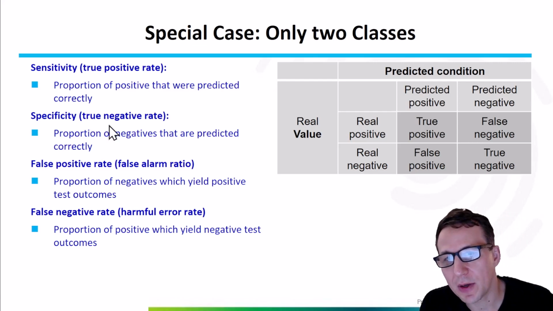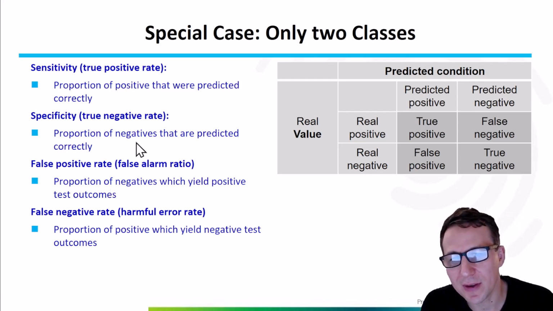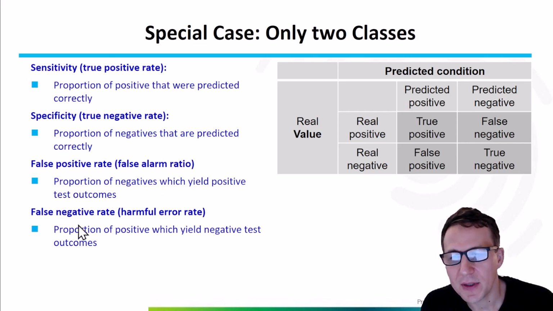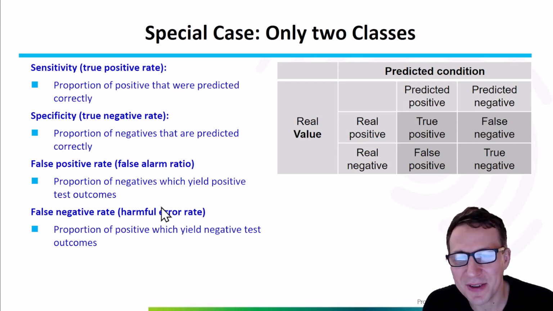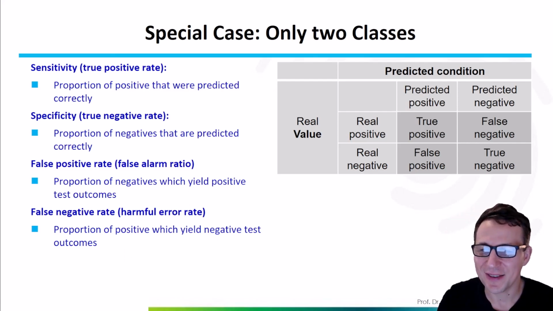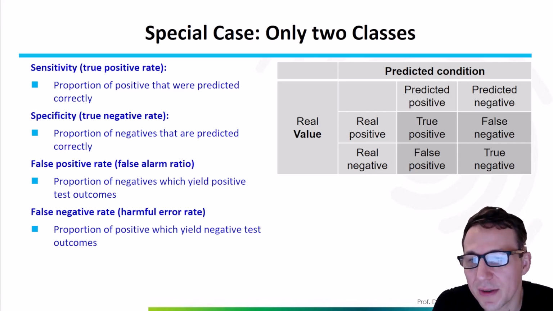Then you could also turn it around. You could also talk about the false positive rate, which is basically 1 minus the true positive rate. False negative rate is sometimes called the harmful error rate. So there are these very severe errors you would like to avoid.